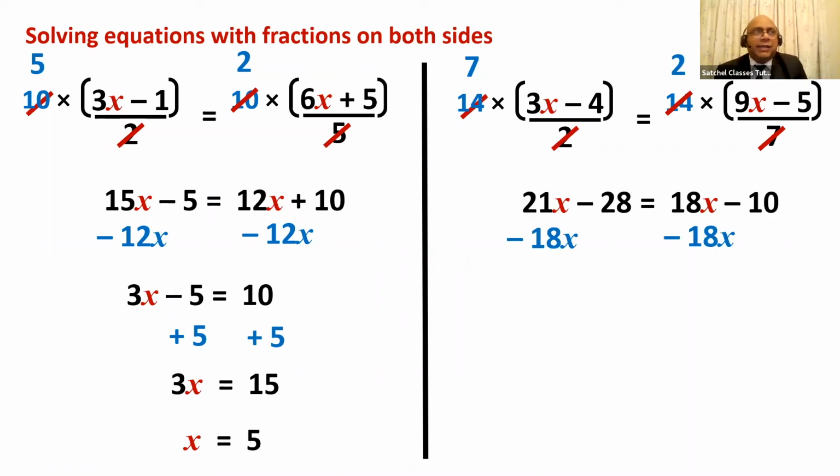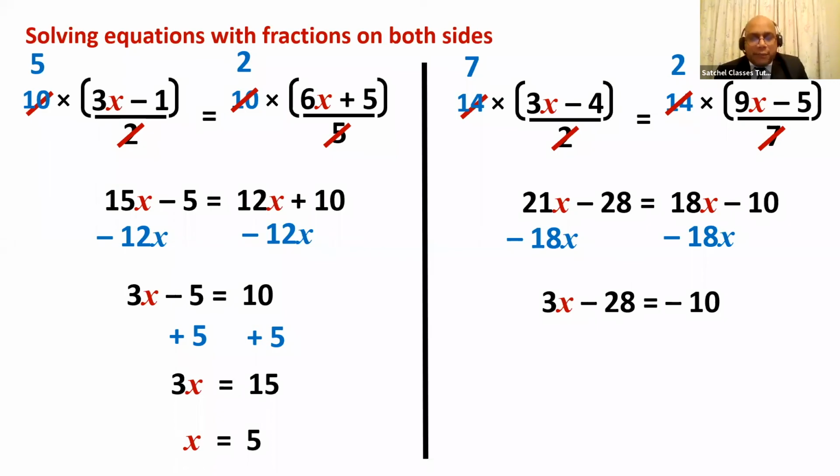On the right, 18x minus 18x is 0, so you're left with only minus 10. On the left, we have 21x minus 18x, which is 3x, minus 28. 3x minus 28 equals minus 10 on the right. Let's get minus 28 to the right-hand side now.